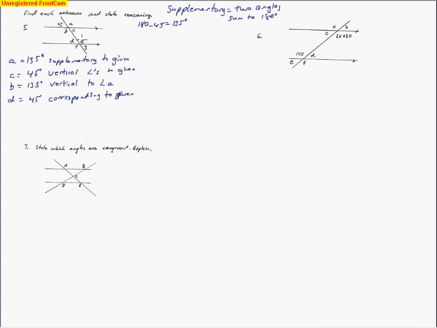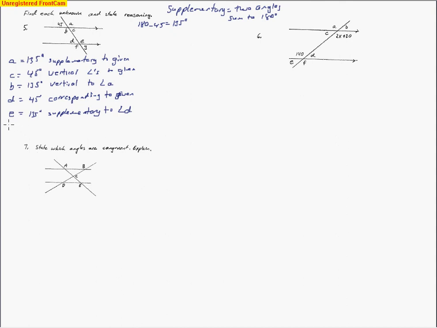And then we'll move on to E, and E is, we could say, supplementary to D, so it is 135 degrees, and the reasoning is supplementary to angle D. So there's a couple ways we could have said that. I could have also said alternate interior angles to B, and that would have been another way to do it.